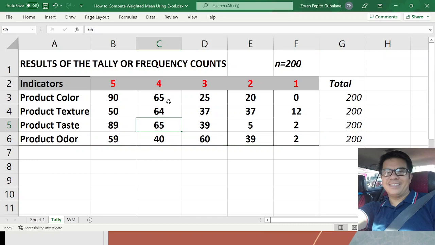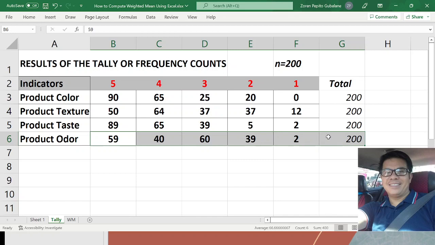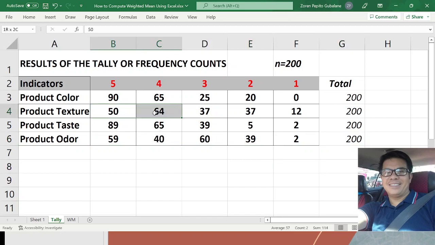It is already checked that the total is 200, and the total is also 200, and the total of all these numbers or responses is 200.